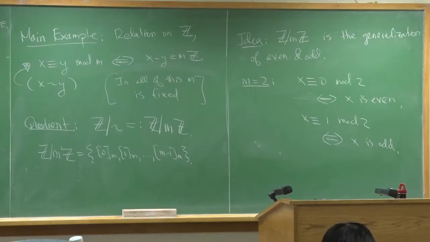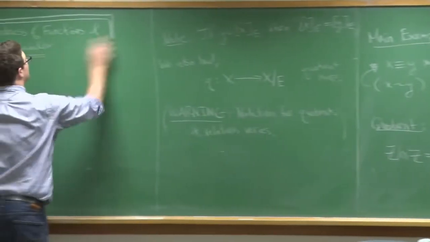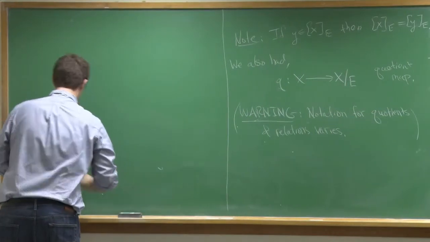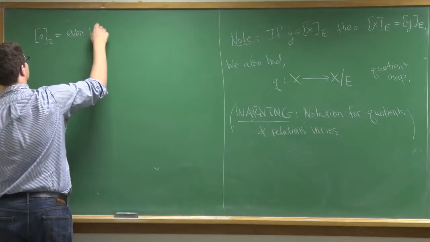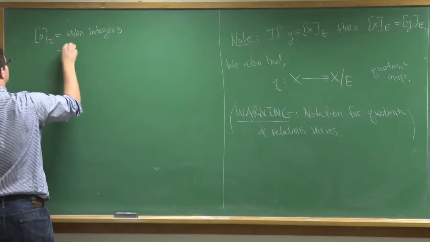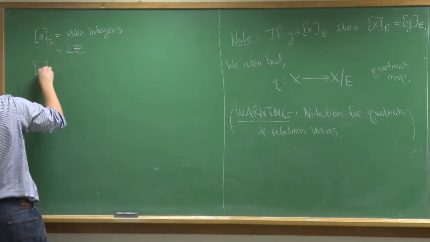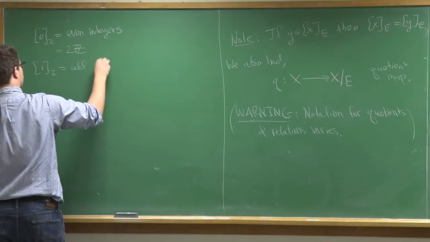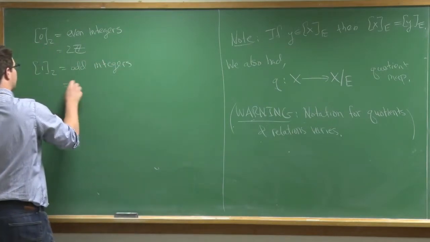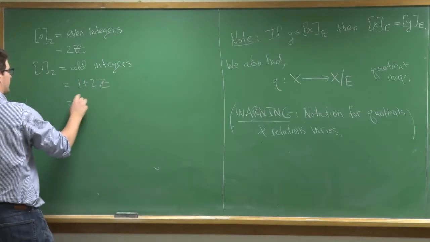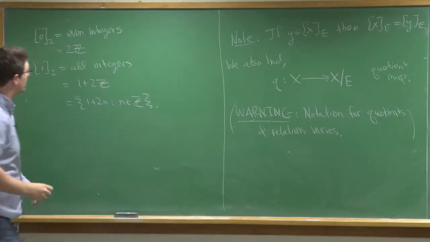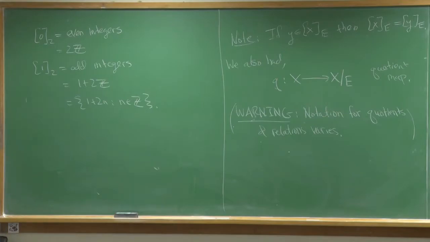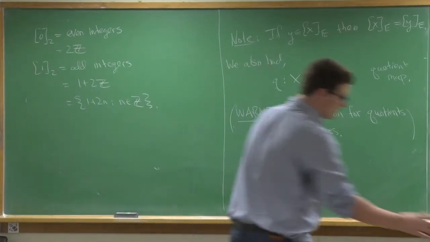So 0 mod 2 gives the even integers, which is equal to 2Z, and 1 mod 2 gives the odd integers, which is 1 plus 2Z, the set of 1 plus 2n for n an integer. So this modular arithmetic generalized even and odds.